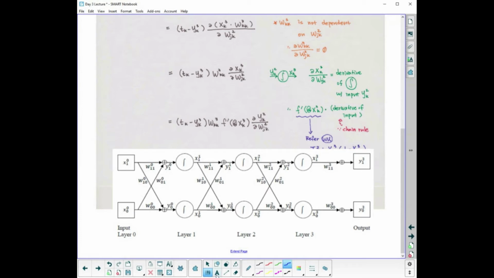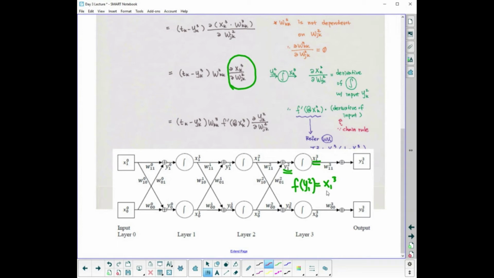Then you can think about how to simplify this partial. Actually, X sub K layer 3, let's think about one example. How about X1 layer 3? So I assume K is 1 in this example. It is the result of the logistic function, or transfer function, of this perceptron with input Y sub K layer 2. Is it good?